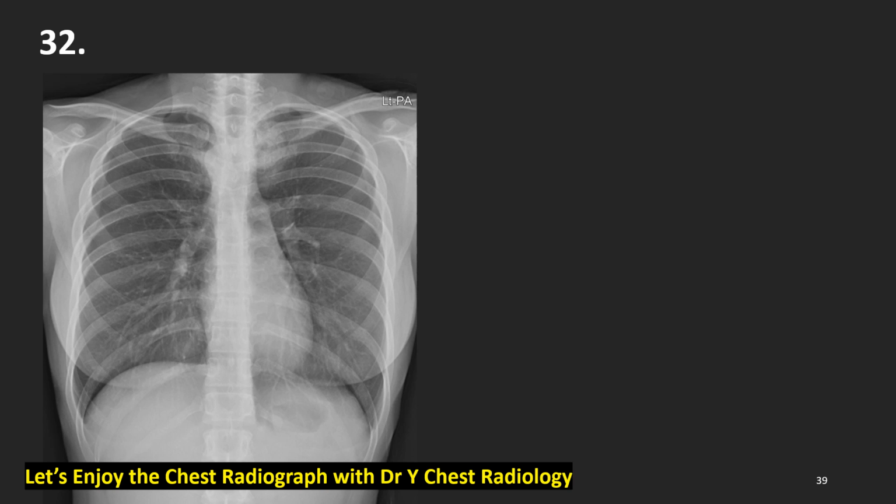So this is not a thoracic problem, and even she is very young, she doesn't have a chance for lung cancer. And also we don't see her left aortic arch. She has a right-sided aortic arch.